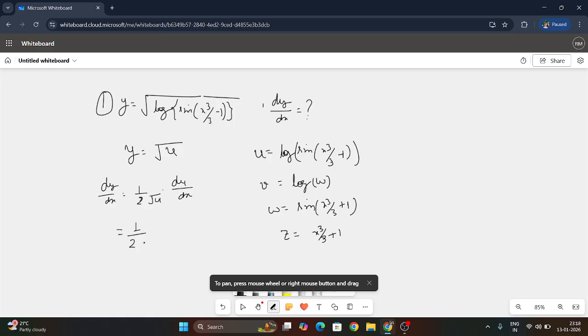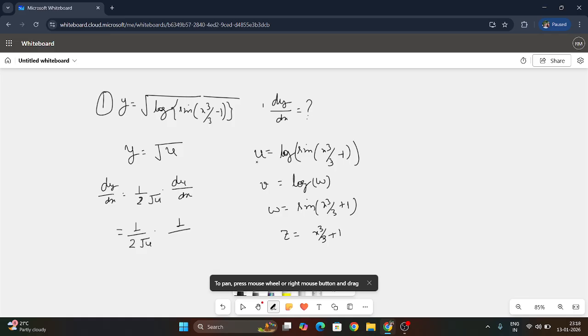du by dx is log of something, so this is going to be 1 over that something, u is equal to log of something. That's going to be the differentiation of this.